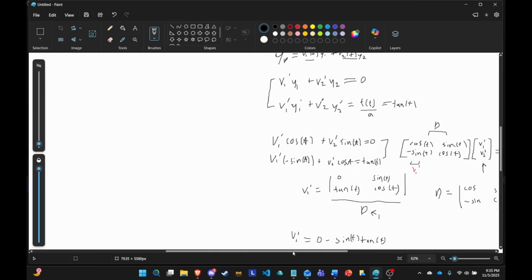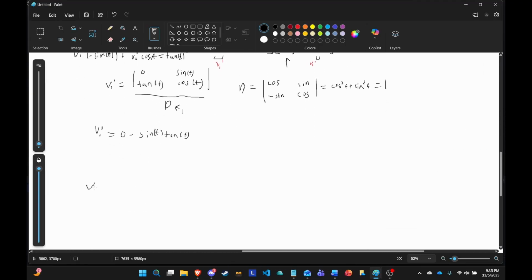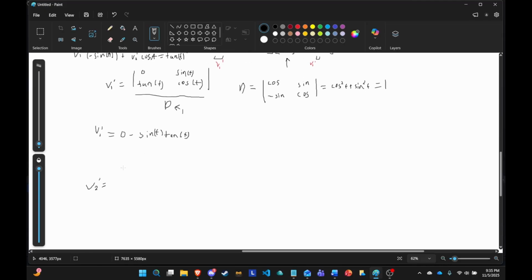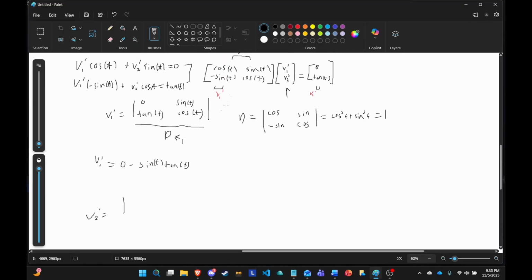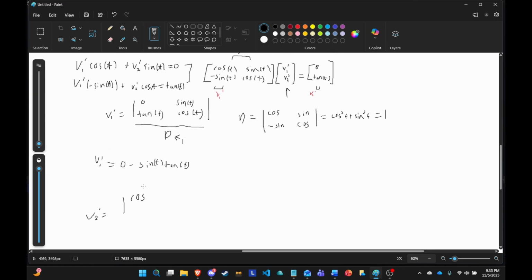All right. v2 prime equals, we'll do Cramer's rule again. The first column is going to be kept the same: cosine of t, negative sine of t.